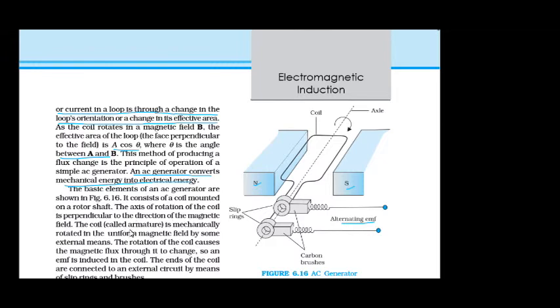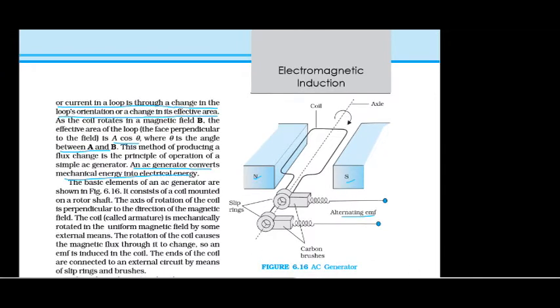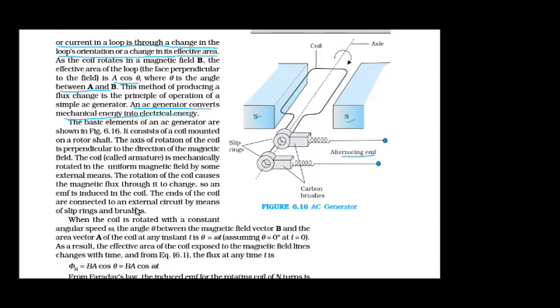The coil, called the armature, is mechanically rotated in a uniform magnetic field by some external means. The rotation of the coil causes the magnetic flux through it to change, so an EMF is induced in the coil. The ends of the coil are connected to the external circuit by means of slip rings and brushes.